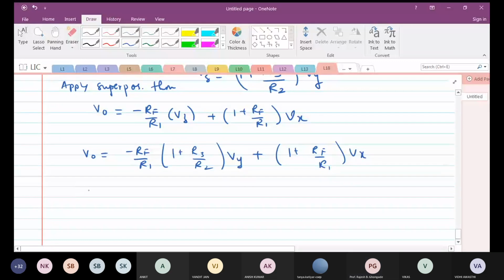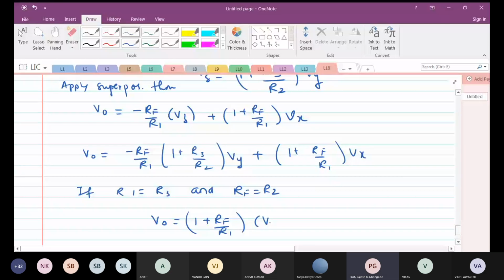If we have already said R1 equal to R3 and RF equal to R2, this boils down to Vo as (1 plus RF by R1) into (Vx minus Vy).